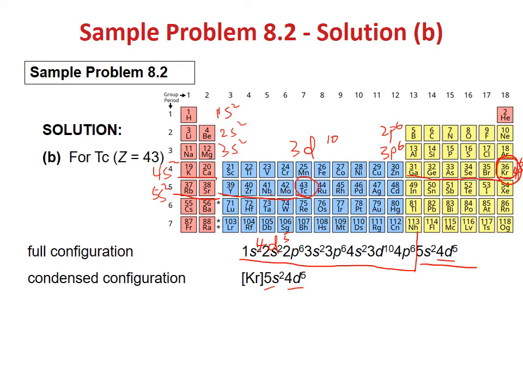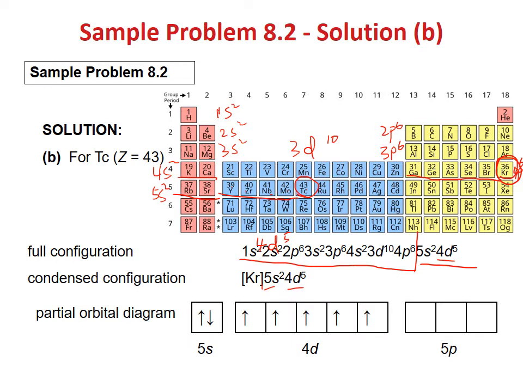Now to draw the orbital diagram, we only show the fifth row, so the 5s orbital. Okay, so this is the 5s, 4d, and 5p. Okay, now 5p is empty. 5s has 2 electrons, and 4d has 5 electrons. Okay, so that's the partial orbital diagram.